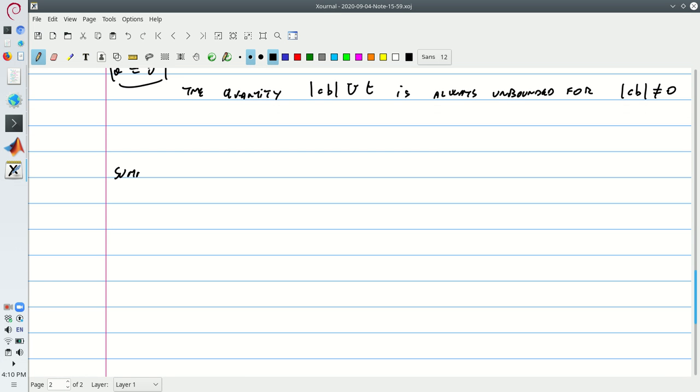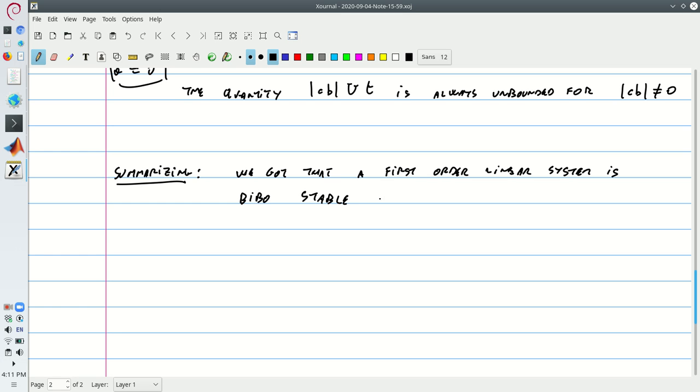So, summarizing, we got that a first order linear system is BIBO stable if A is less than 0, or if C times B is equal to 0.